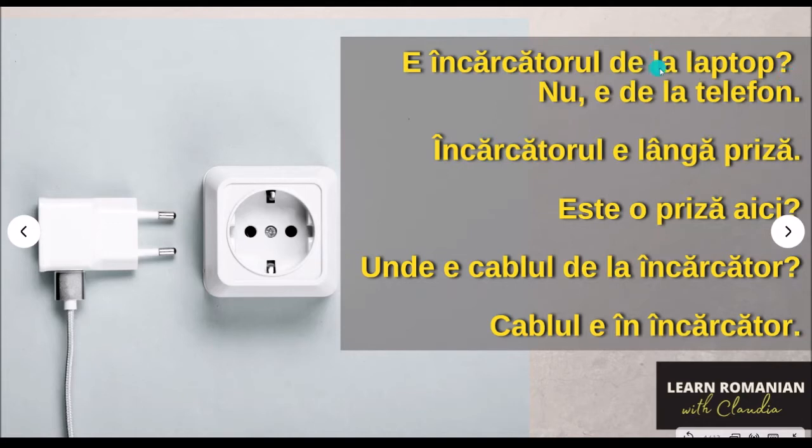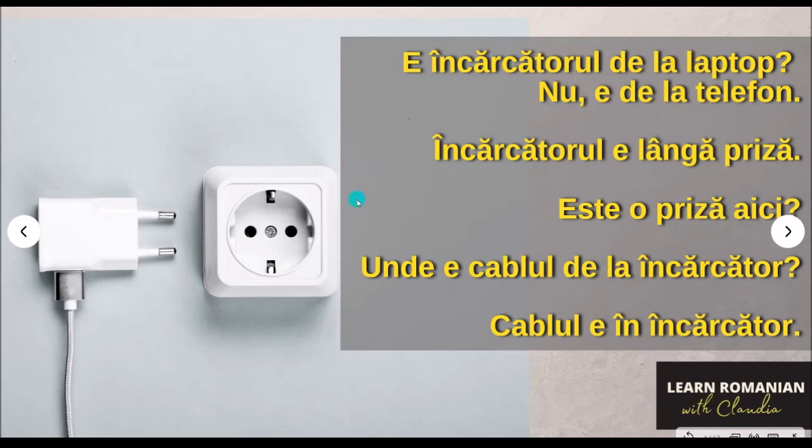So whenever you see la in front, if it's de la, it means from. If it's la, it means at or in. So this is a preposition of place. It shows you where something is. So de la means from phone, not from the phone, because we don't mention anything about the phone. So, e încărcătorul de la laptop? Is it the charger from the laptop? Nu, e de la telefon. No, it is from phone.